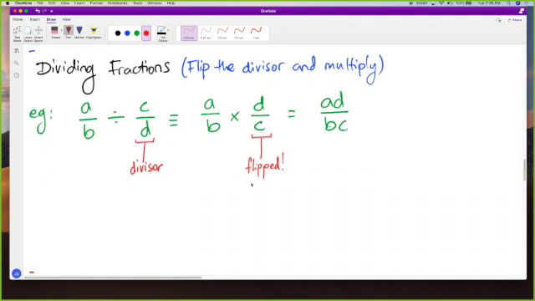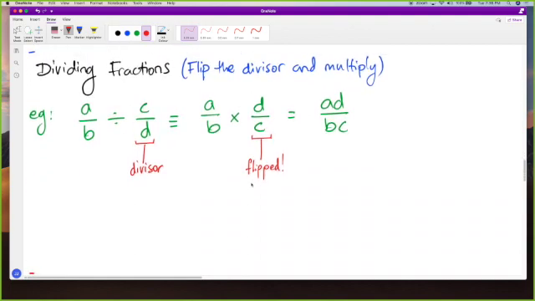Okay, well next up we're talking about dividing fractions now. And with dividing fractions, all we do is flip the divisor and then we multiply. So you notice I have A over B being divided by C over D. The one that is after the division sign is the divisor.